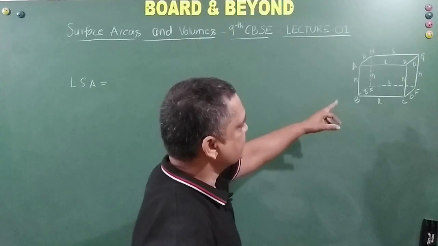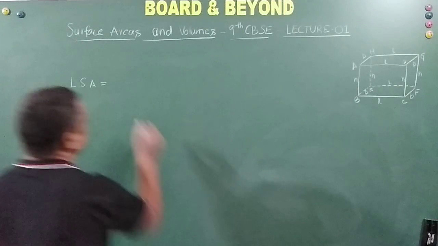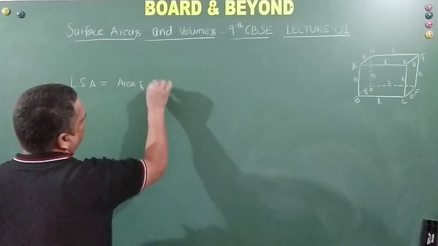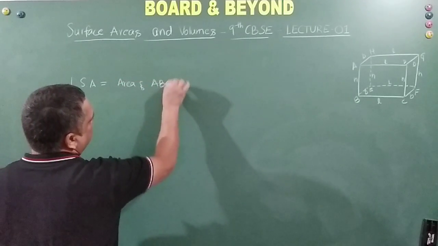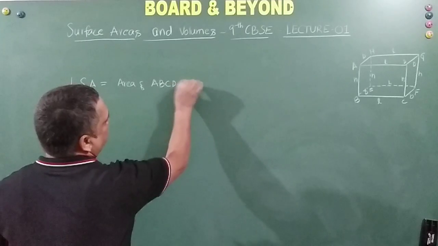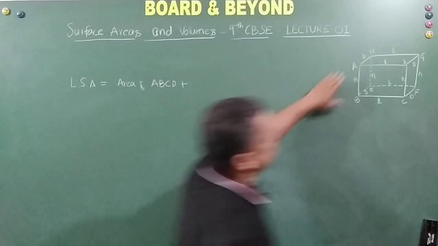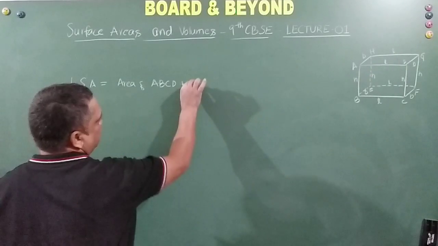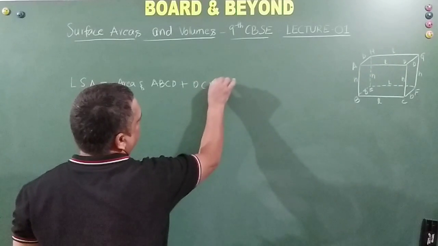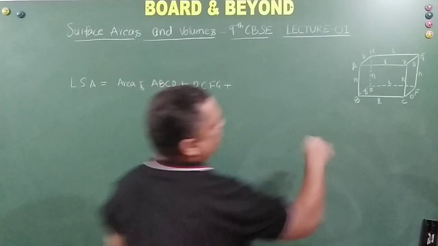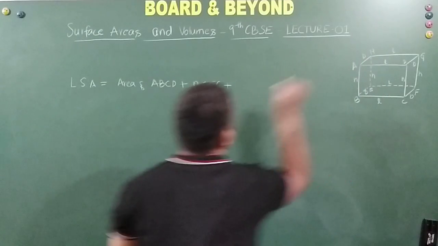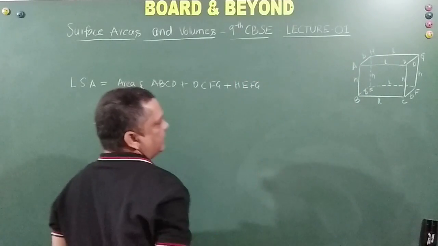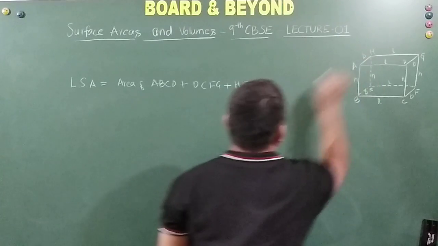The first wall is ABCD. So area of ABCD, plus this is one figure, then this is DCFG, plus the back side HEFG, plus ABEH.